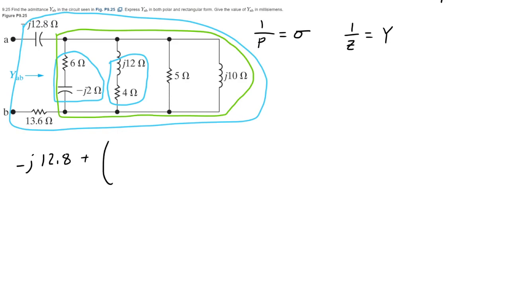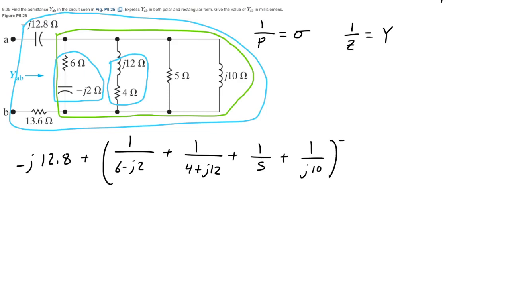Then we're going to do 1 over 6 minus J2 plus 1 over 4 plus J12 plus 1 over 5 plus 1 over J10. So minus 1, that's going to be our parallel equivalency.